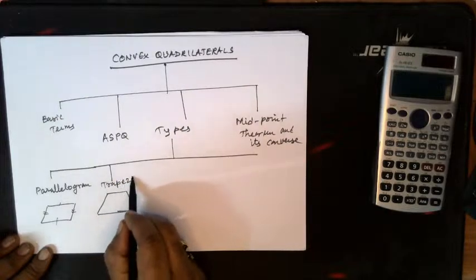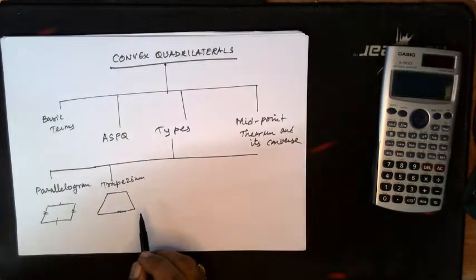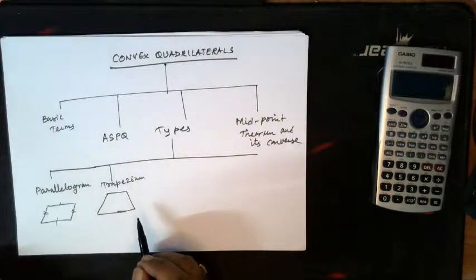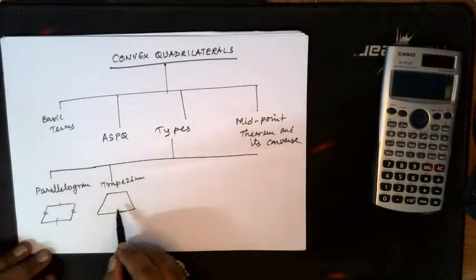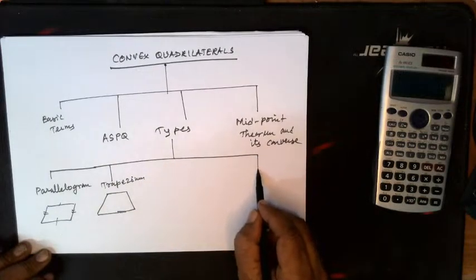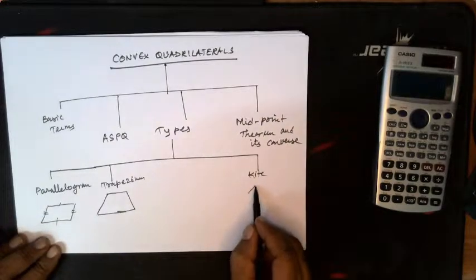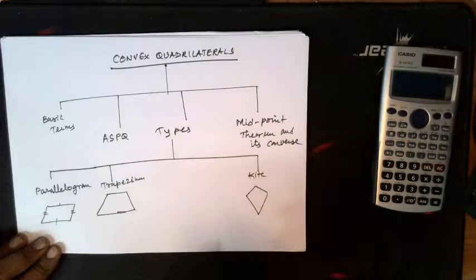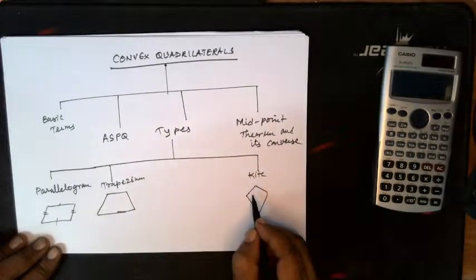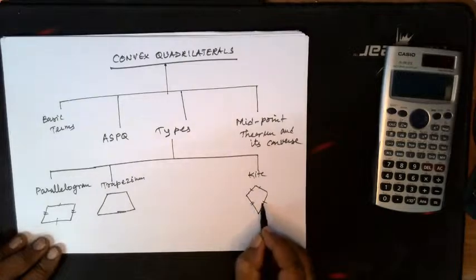Here two opposite sides are parallel and the other two opposite sides are not parallel. Then we have kite. It will be like this. Here the adjacent sides are equal. This is a kite.